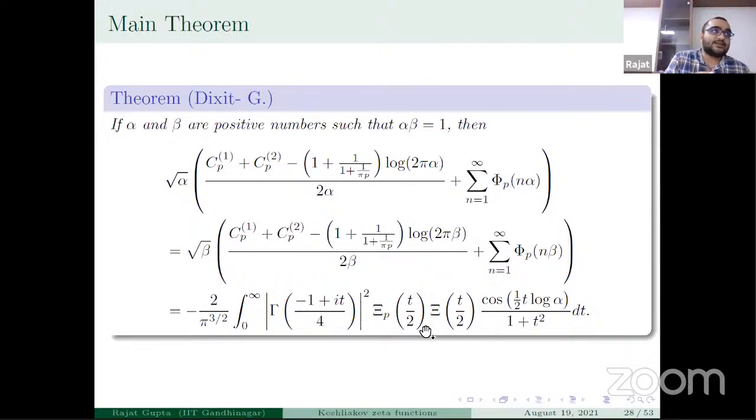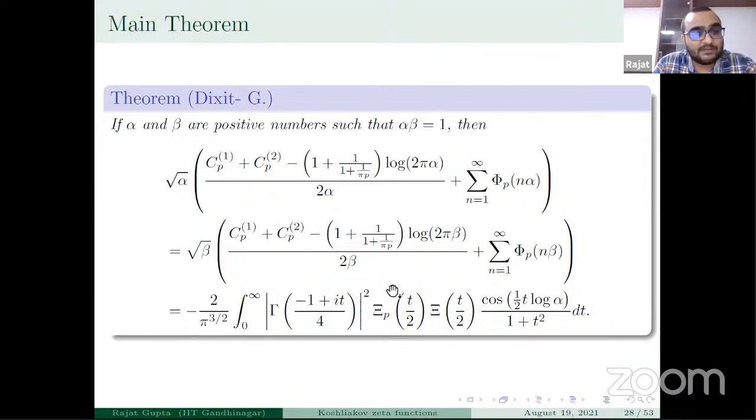As in the Ramanujan case, where we have Riemann xi square of t by 2, we were thinking that we may need Riemann xi_p square of t by 2. But that's not the case, as you can see here. So we started from the left hand side, and we showed that it is equal to some integral representation, and that integral representation is nothing but this.